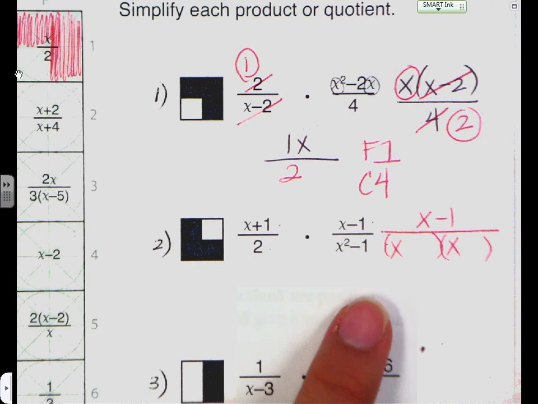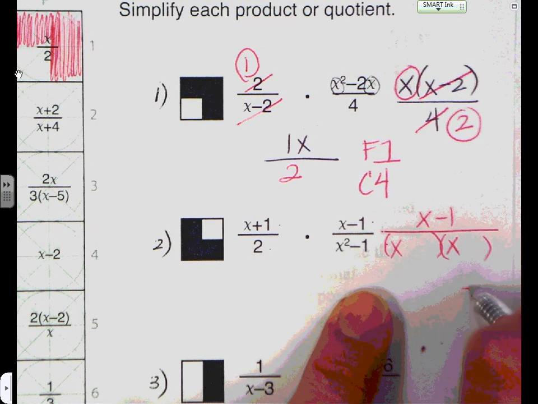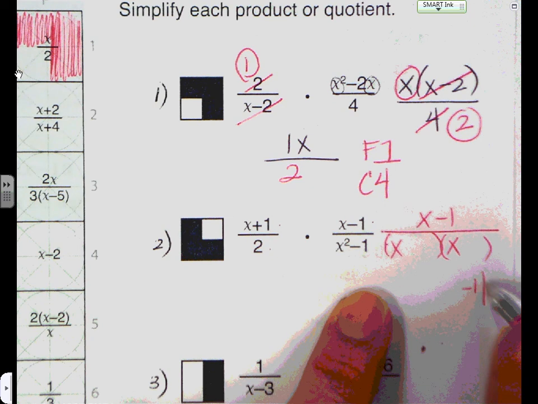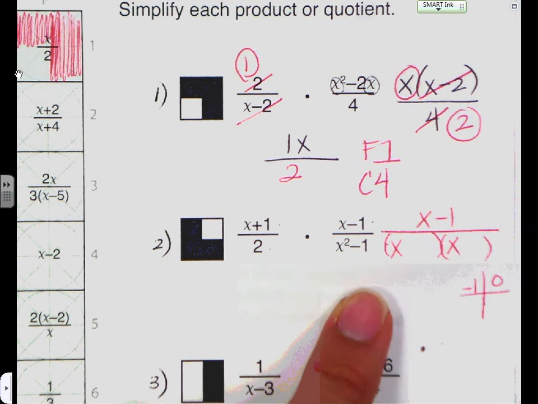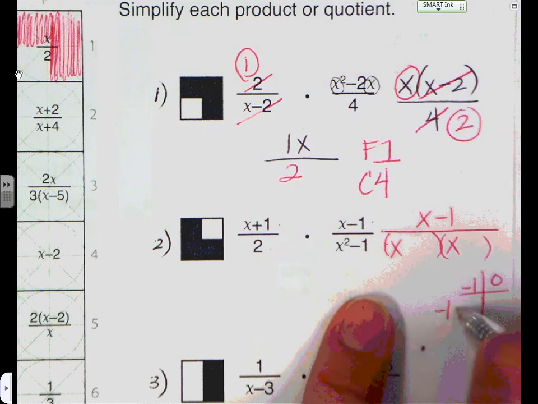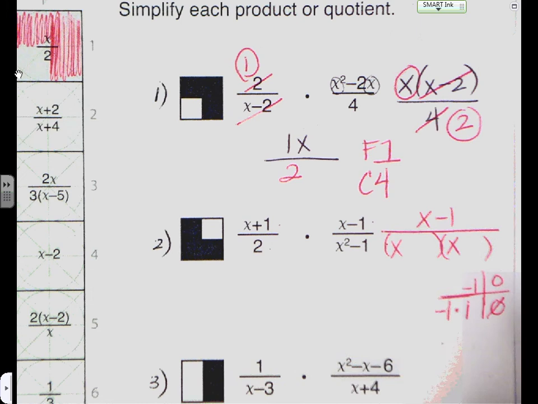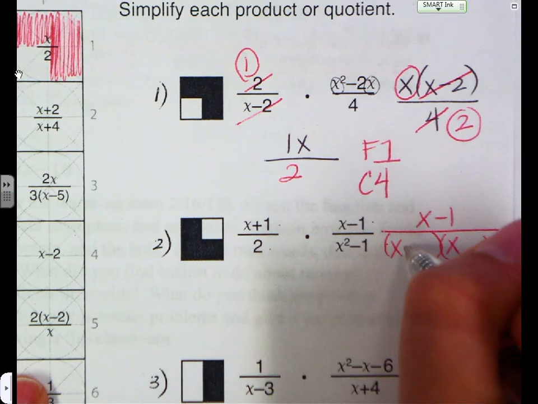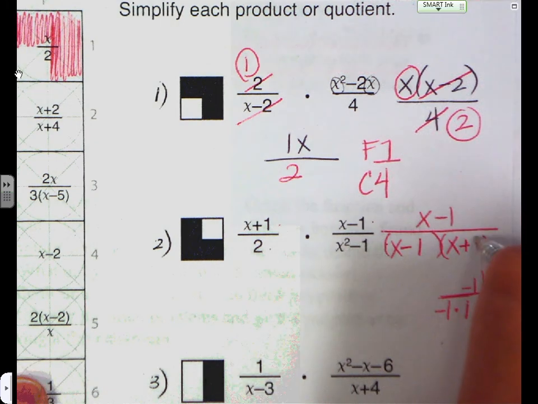Okay, so now the question is, what are the factors of -1 that add up to 0? -1 times a +1. If you add these together, you get 0. Okay, so your factors are -1 and +1.